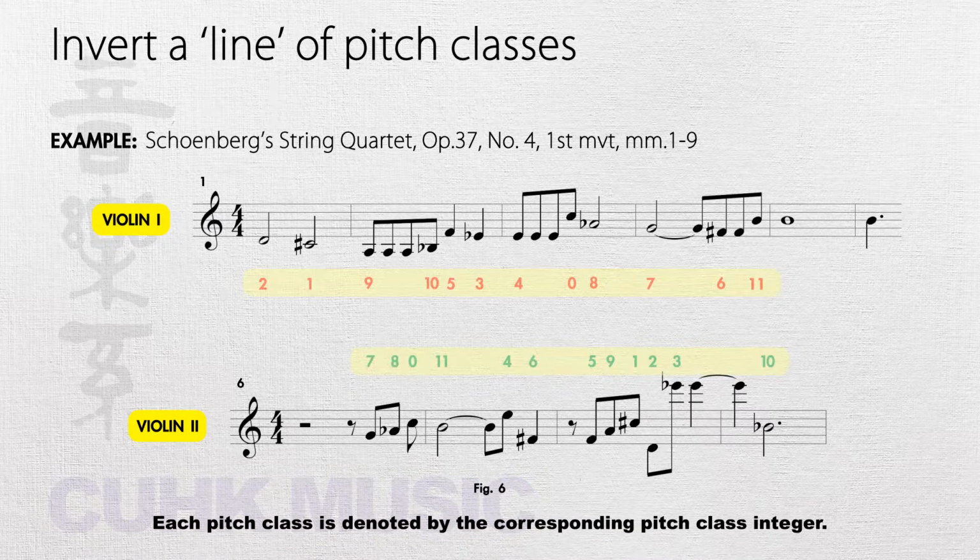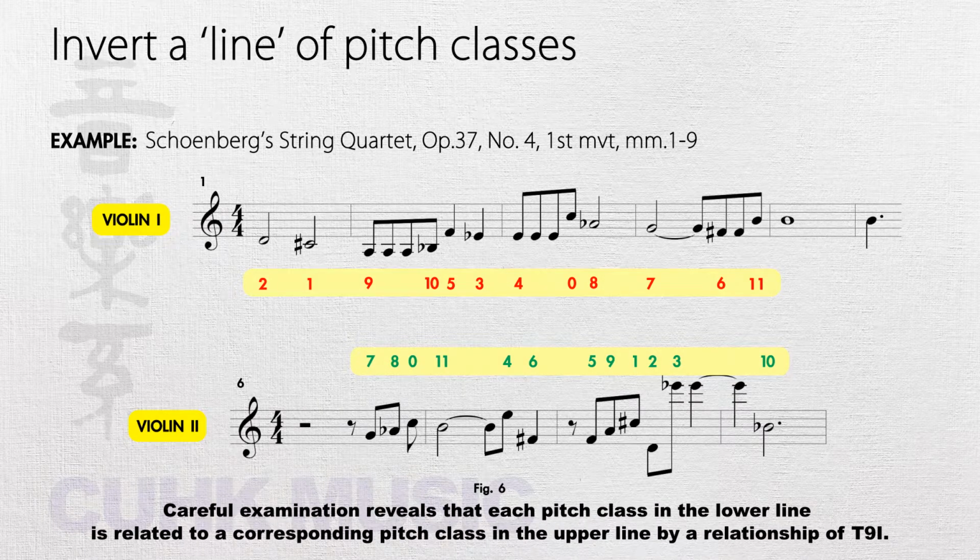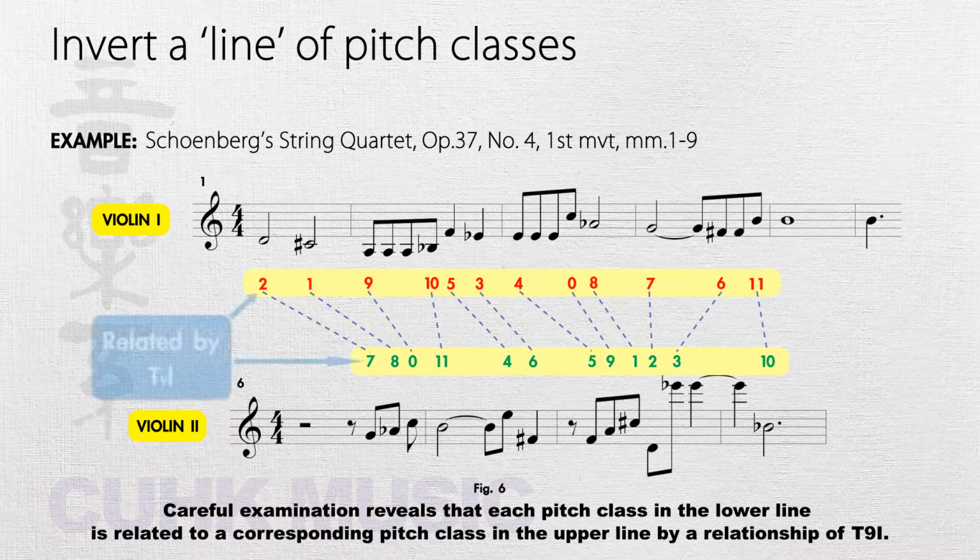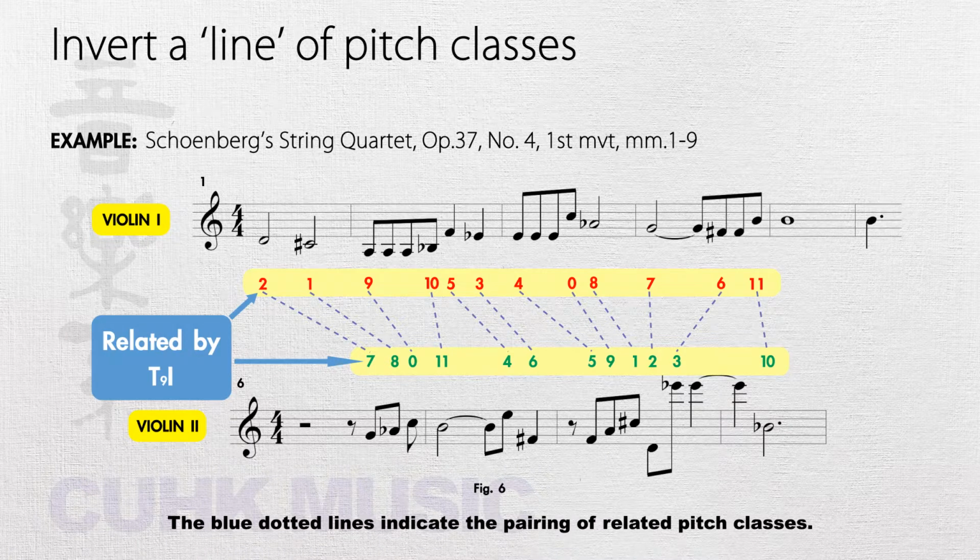Each pitch class is denoted by the corresponding pitch class integer. Careful examination reveals that each pitch class in the lower line is related to a corresponding pitch class in the upper line by a relationship of T9I. The blue dotted lines indicate the pairing of related pitch classes.